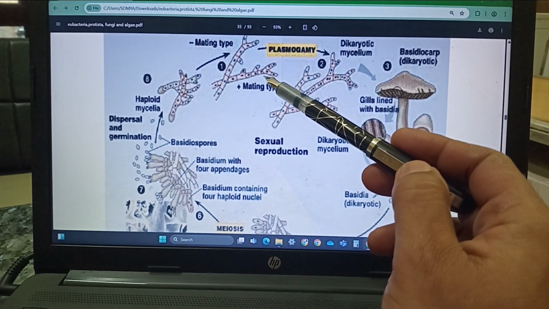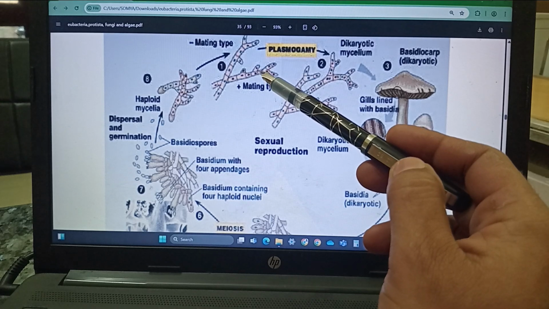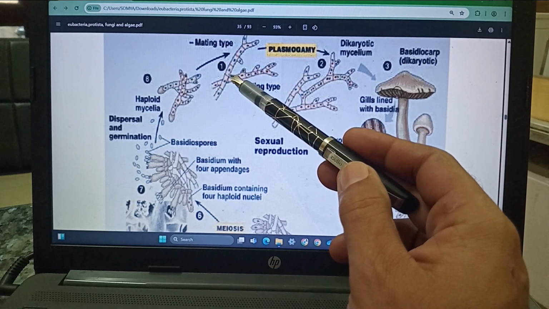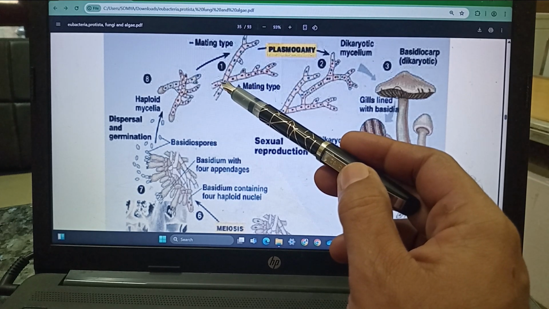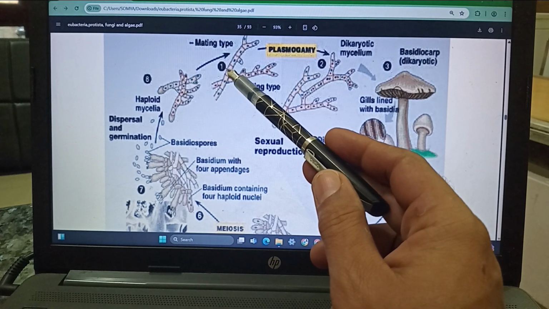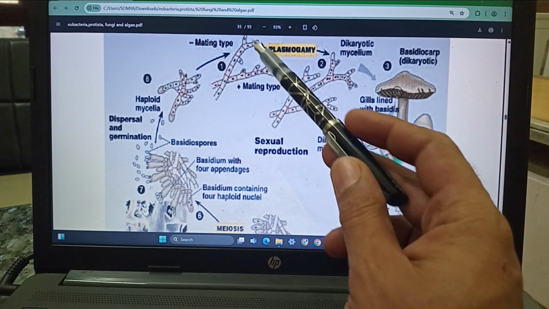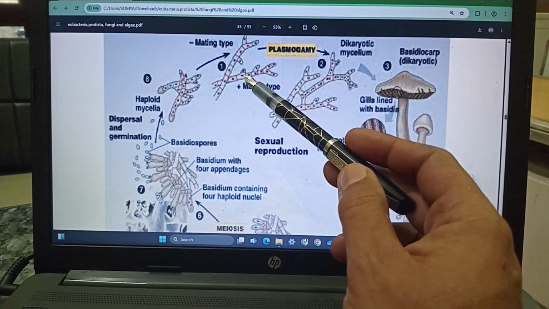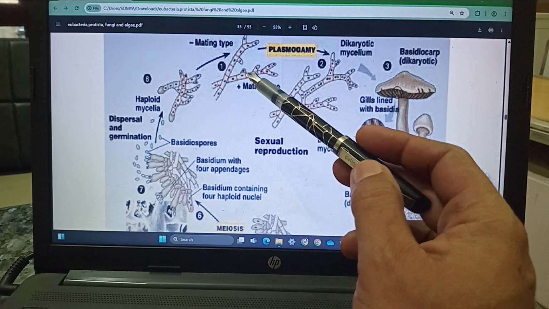This is occurring in the basidiomycetes. Here sex organs are absent. Plasmogamy is brought about by the fusion of two vegetative or somatic cells of two different strains or genotypes. So here we are seeing the green, here we are seeing the red. They are different in their genotype.